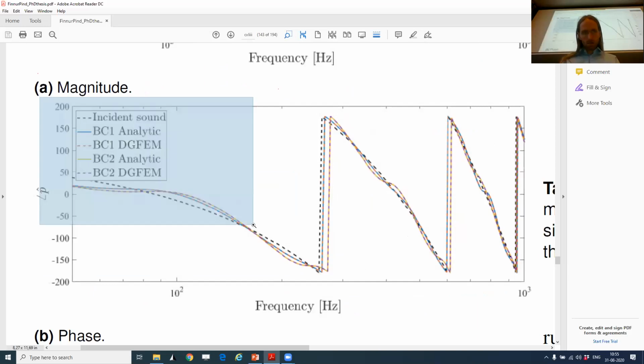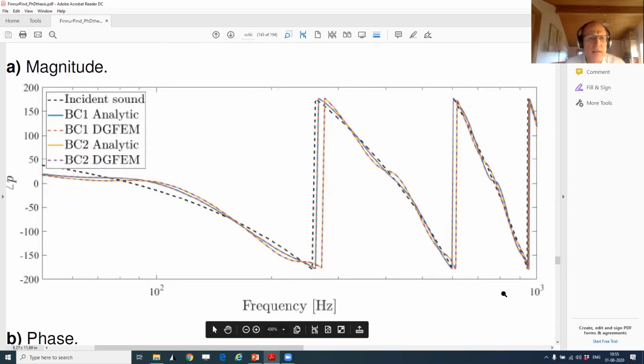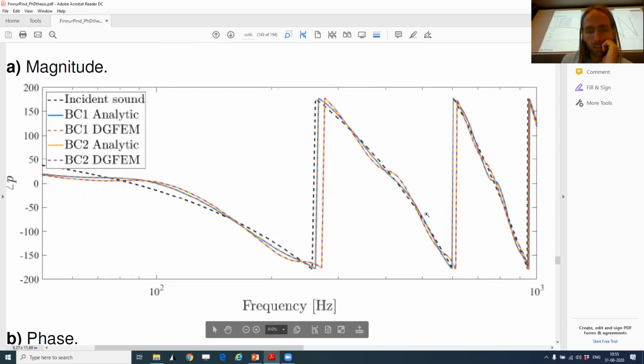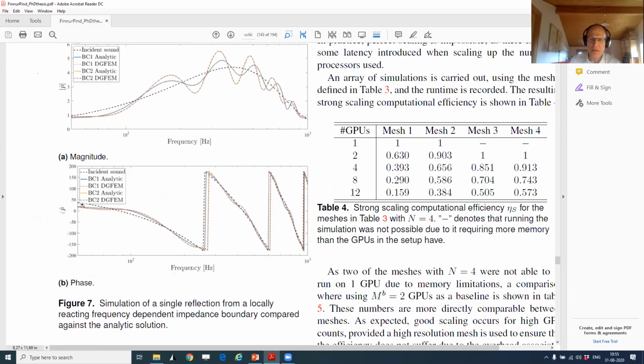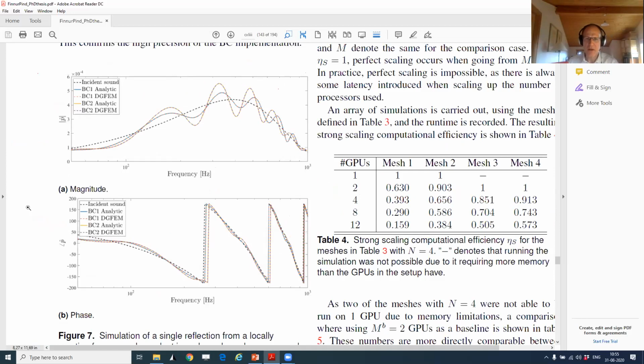It is very, very spot on, but it's hard to see. It is a very good match indeed. It is an agreement that almost makes you want to cry of happiness when you see your simulation results match that well. Yeah, indeed.